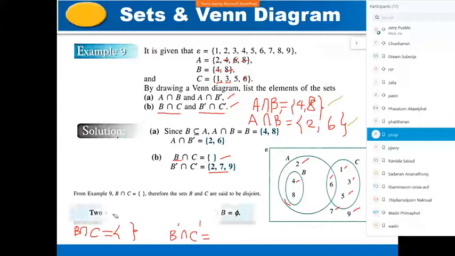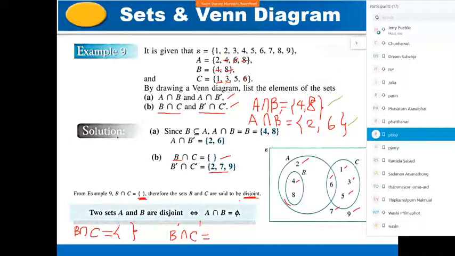For example, in example number 9, we have B intersect C as the empty set, therefore sets B and C are said to be disjoint. We call B and C disjoint because they don't have an intersection. If there's no intersection, we call the sets disjoint. They are not joined together.